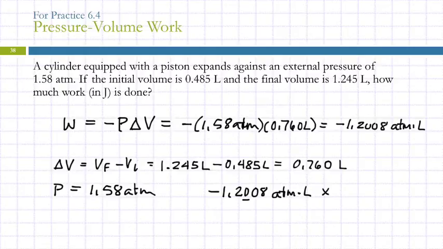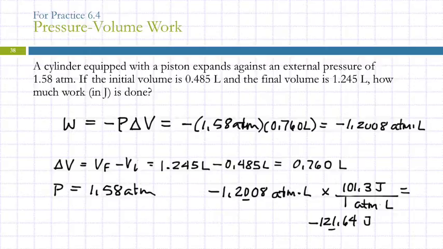And we're going to convert that with 101.3 joules per 1 atmosphere liter. So we take that number, we multiply by 101.3, and we get minus 121.64 joules. So minus 122 joules.